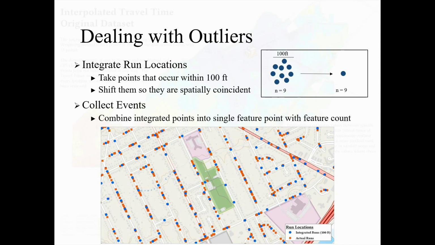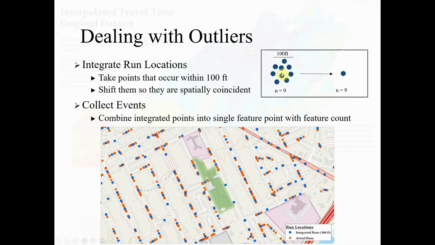So the first thing we can do is take these run locations, and we can shift them and integrate them so they're on top of each other. All the red points on the map are the actual original run locations, and we can use the collect events tool to combine points within 100 feet of each other into a single location.